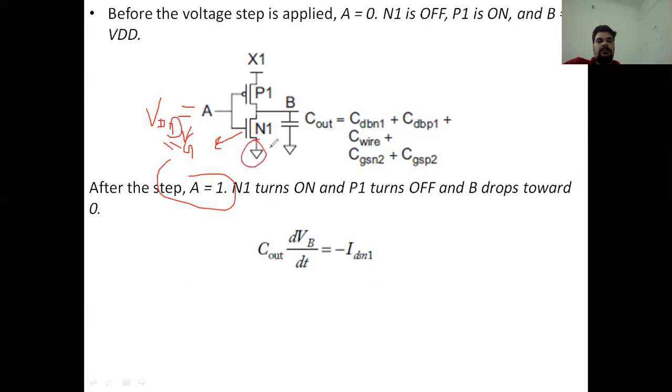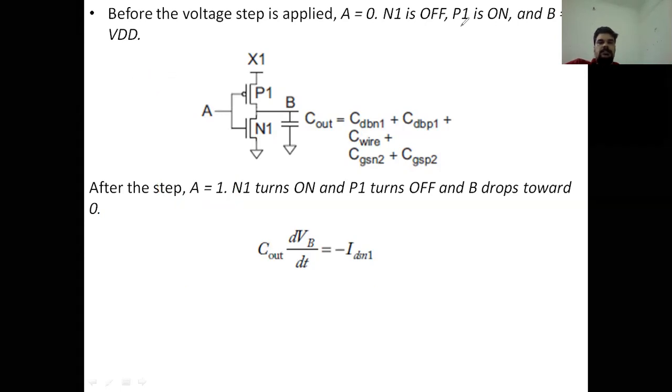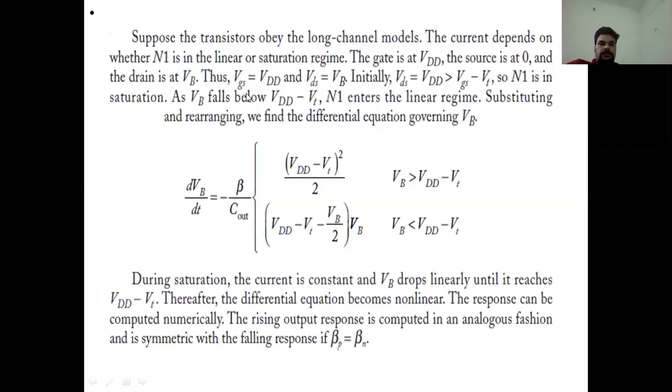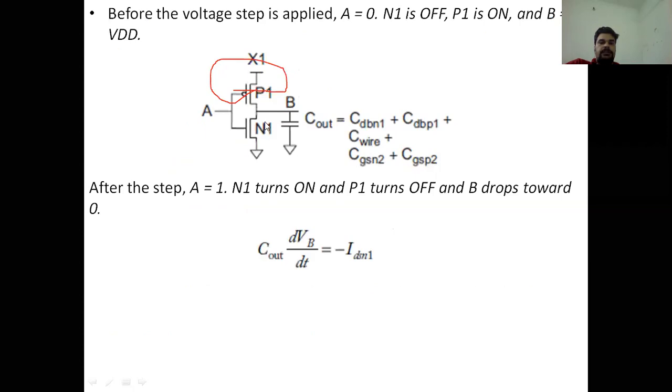Now VS is already 0. So what is the value of VGS? VGS is nothing but VDD. And what about the value of VDS?